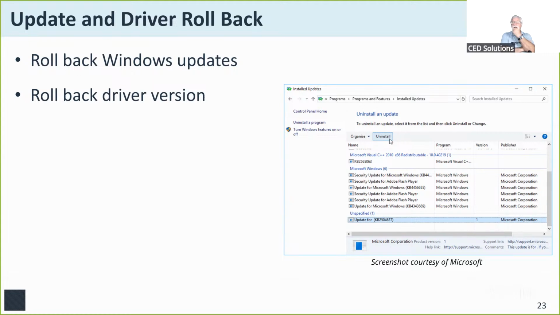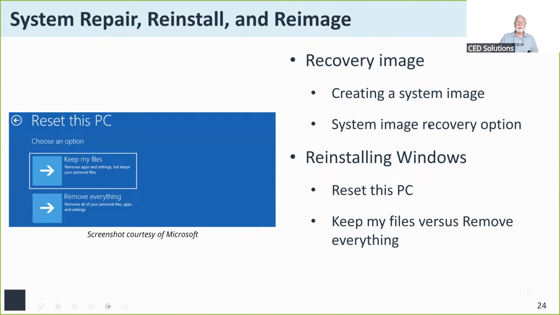Or let's say I download and install a new device driver for a printer or workstation or disk drive or whatever, and it starts causing problems. I can roll back to prior to that device driver installation, and it removes whatever is causing the problem. You see, I make all that determination using the system applets.